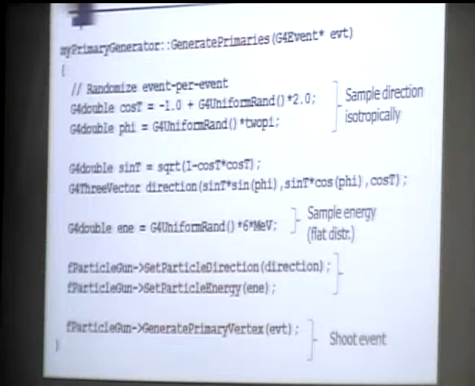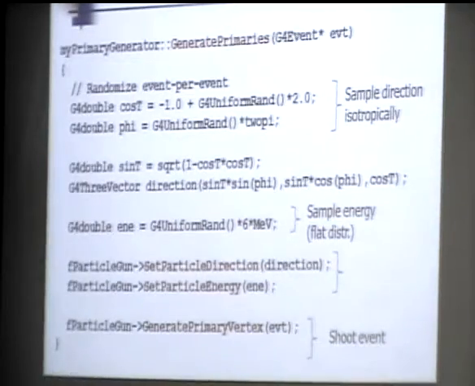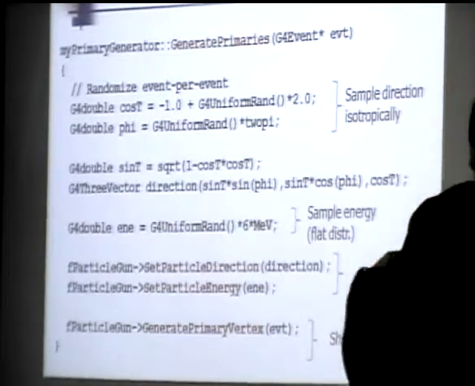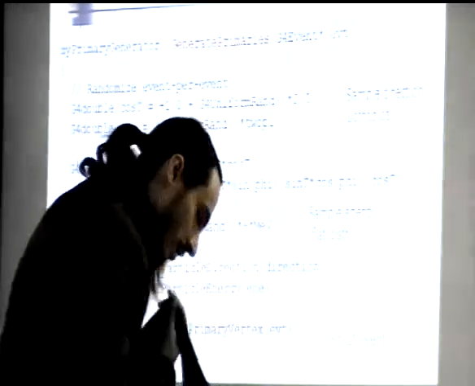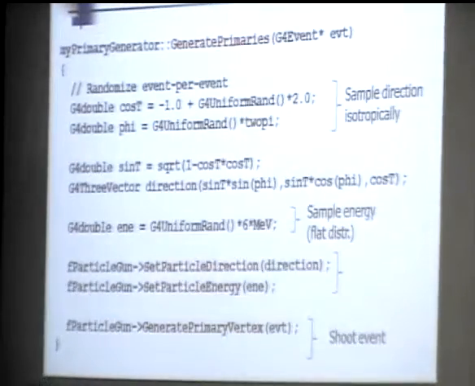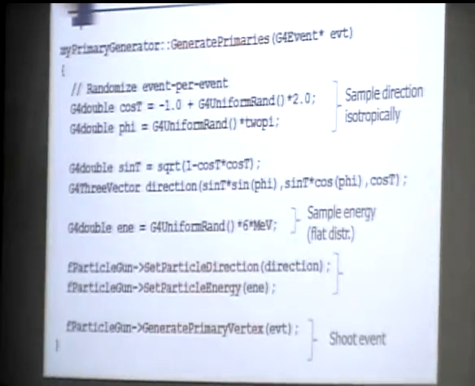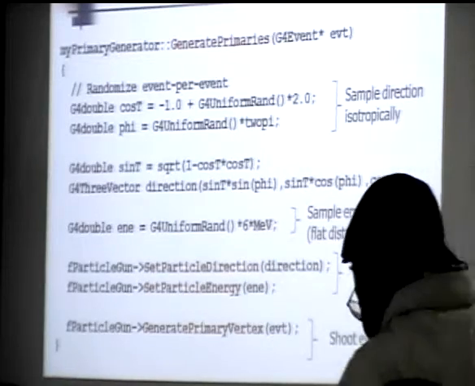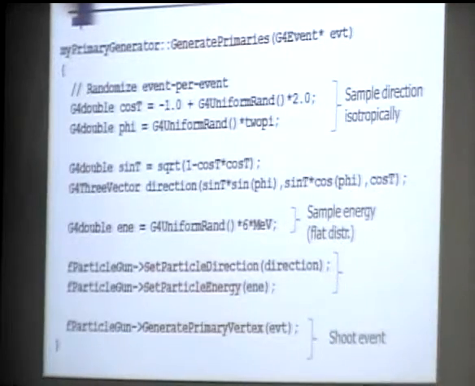This function is called every time you have a new event. Here, in this function, you have to define what primary you want for that specific event. In this case, for instance, what I want to do is to sample an isotropic direction.